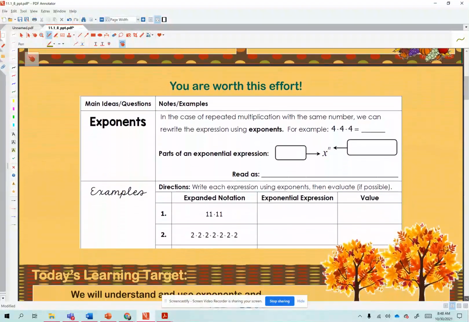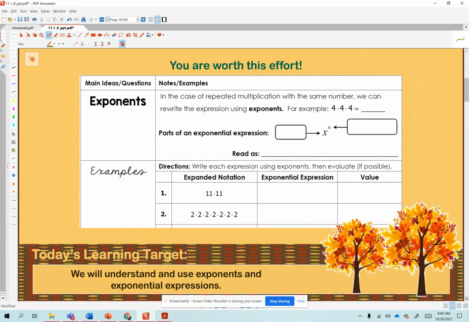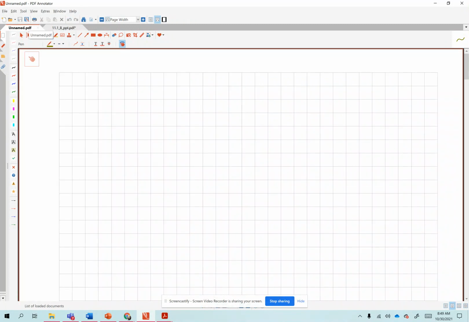Today, we're going to start talking about exponents. So I'm going to go to my blank page for a minute and talk and write down exponents. And you can just watch and listen for a minute. So sometimes when we have a number, such as 3, we might want to multiply the 3. So how can I show repeated multiplication?